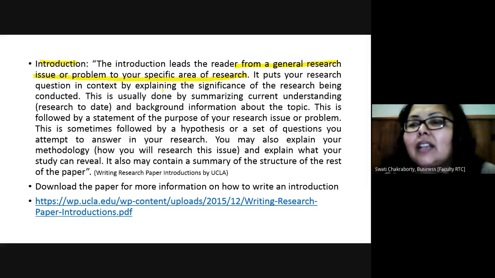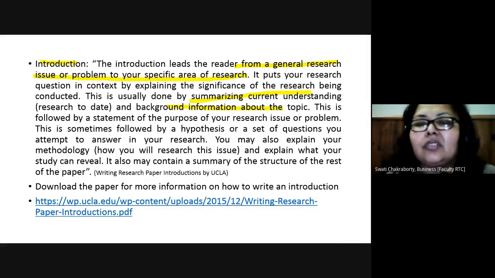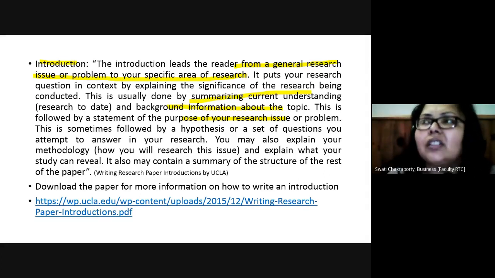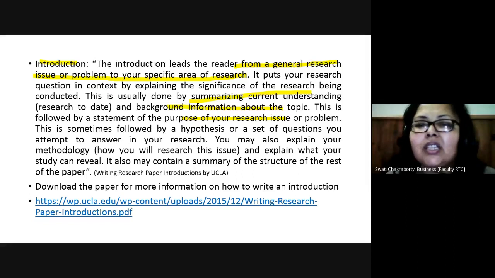By summarizing the current understanding and the background information about the topic, followed by the statement of purpose of your research issue or problem, then your hypothesis or the questions that you want to answer in your research. You can explain the methodology and also explain what your study can reveal.